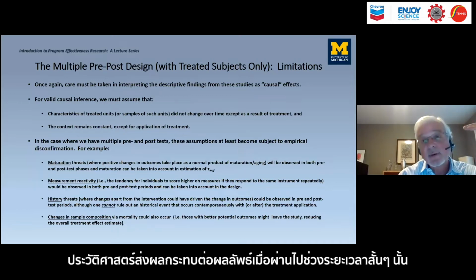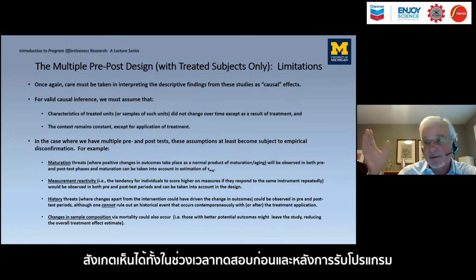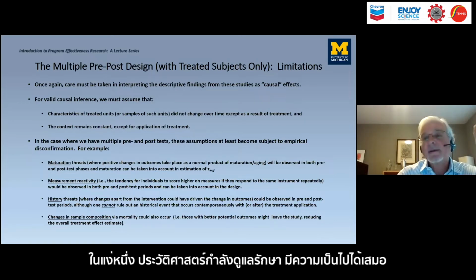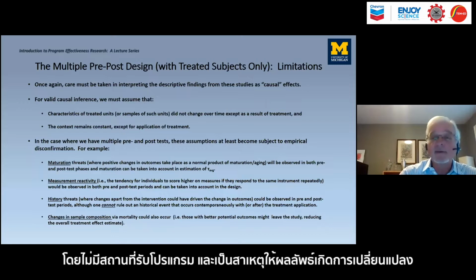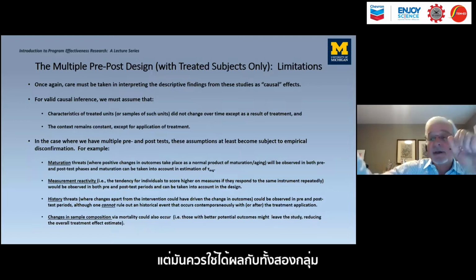And so one assumes that over a short interval, the history that's affecting outcomes is observable in both pre and post periods. And so, in some sense, history is taken care of. There is always the possibility that some historical event occurred contemporaneously with application of the treatment and caused outcomes to change. But that should be working on both periods.